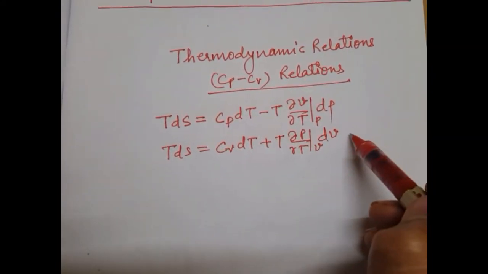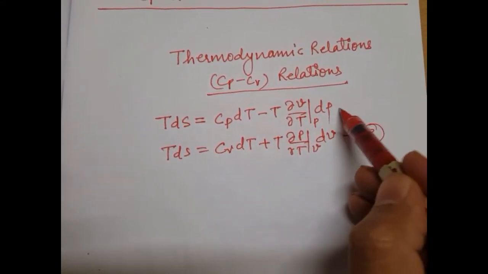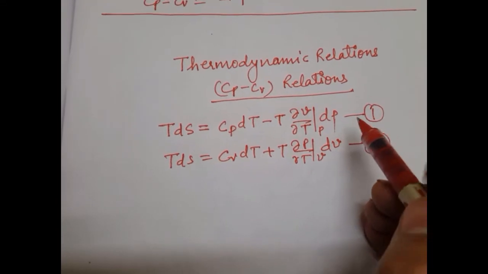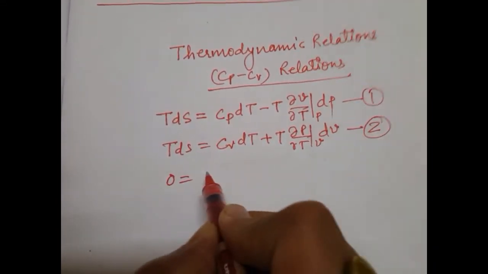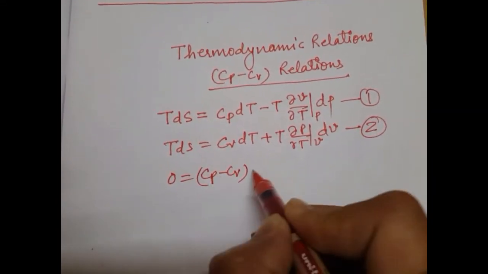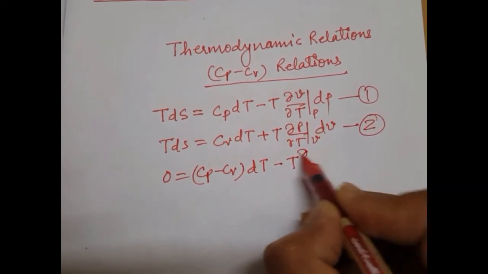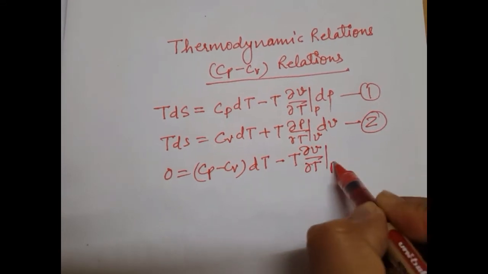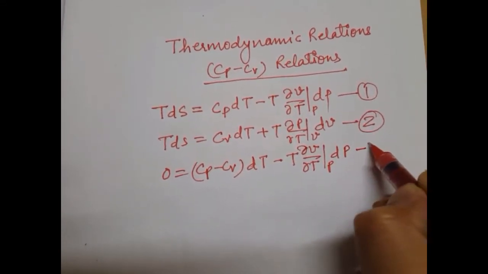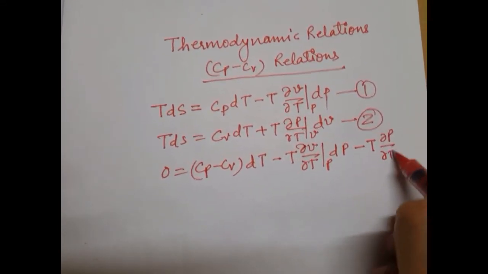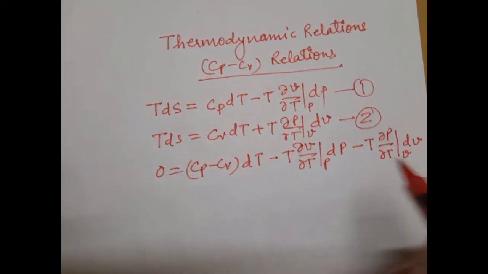Now subtracting equation 2 from equation 1, we will get (Cp minus Cv) dT minus T del V by del T at constant pressure dP minus T del P by del T at constant volume dV.